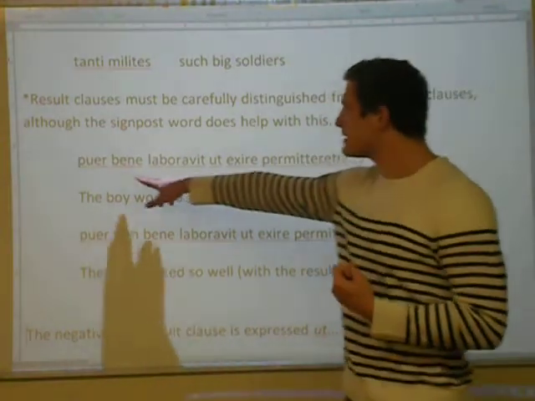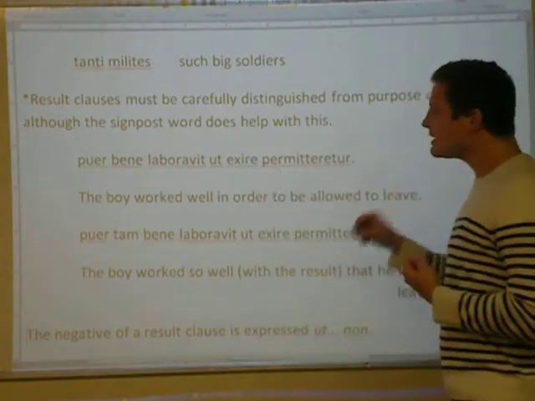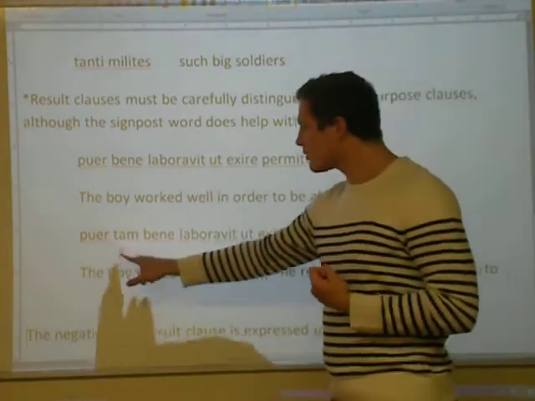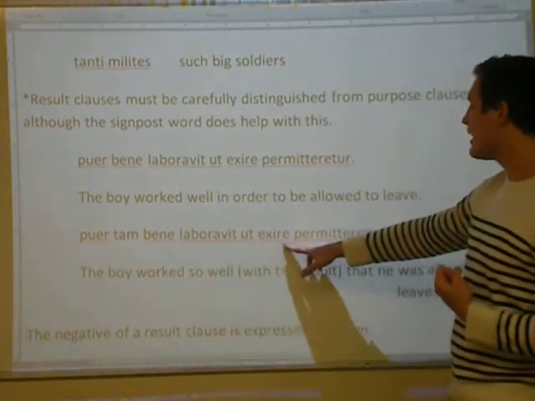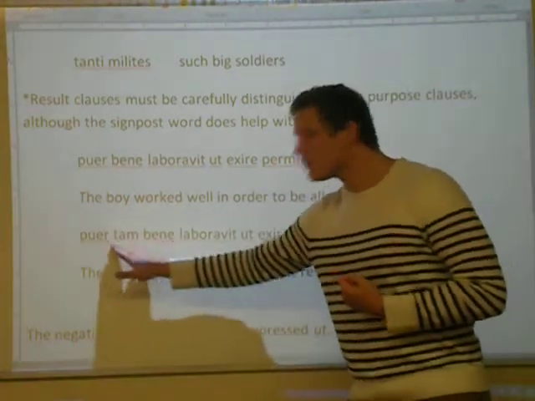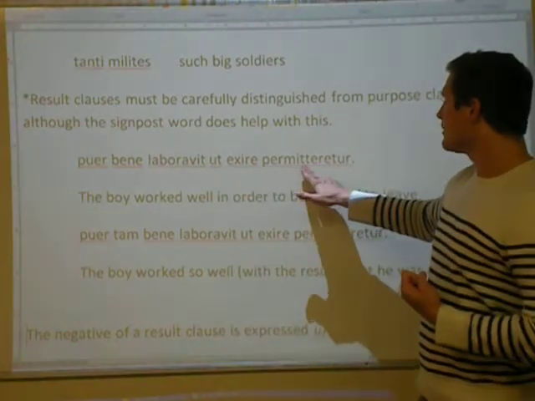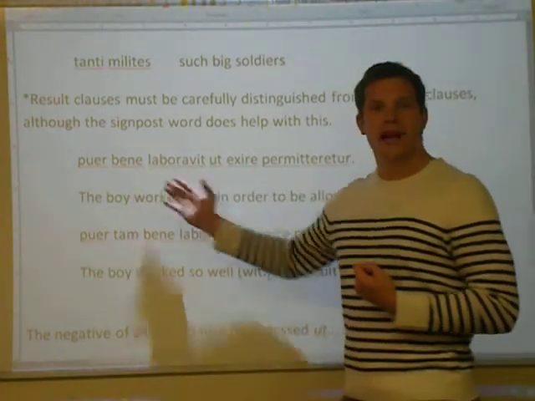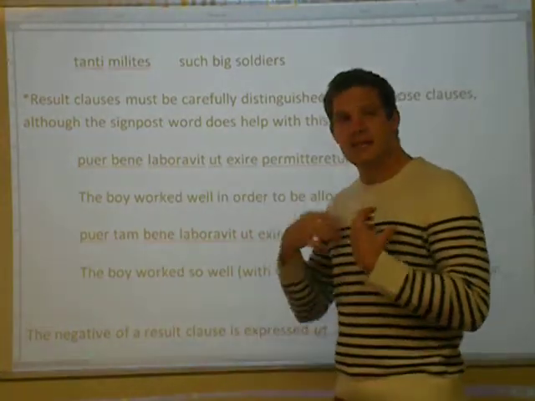So if we look at these two sentences, puer bene laboravit ut exire permitteretur, the only difference from that to this one is that we've got tam, so it's puer tam bene laboravit ut exire permitteretur. Because we've got this signpost word, we can tell that this is a result clause, whereas this one is just ut with the subjunctive, no signpost word, and so it must be a purpose clause. So the meaning of this is going to express a purpose.